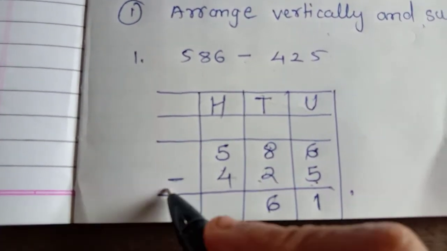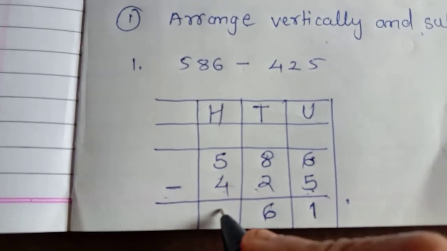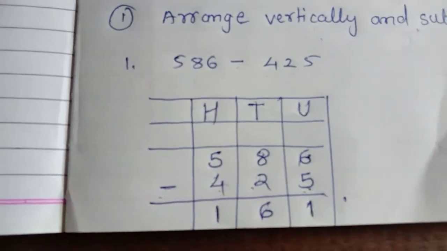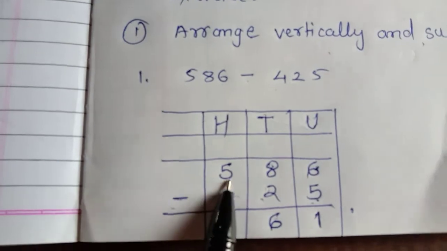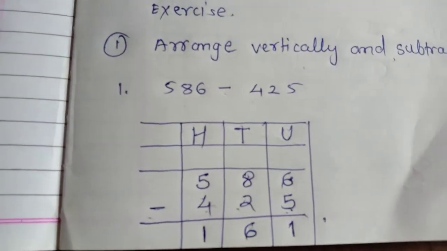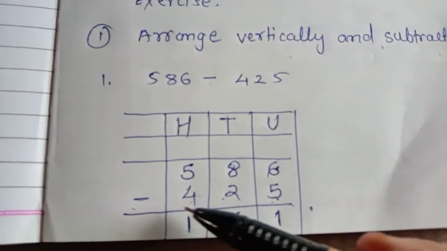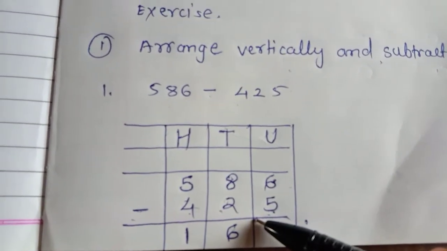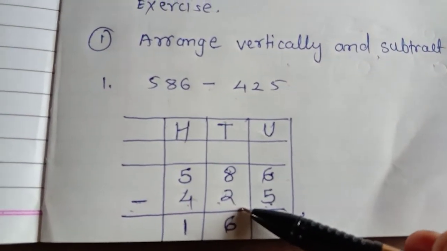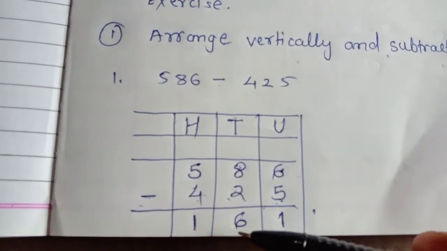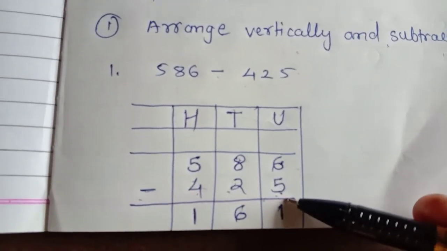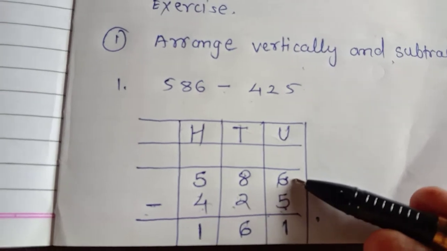And 5 minus 4 is 1. Okay, there is no need to borrow from another column because the first number is a bigger number and the number which you are going to subtract is a smaller number. That means you can easily subtract smaller number from the bigger number.